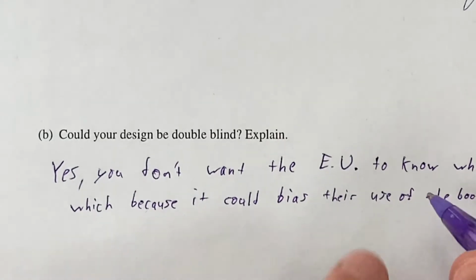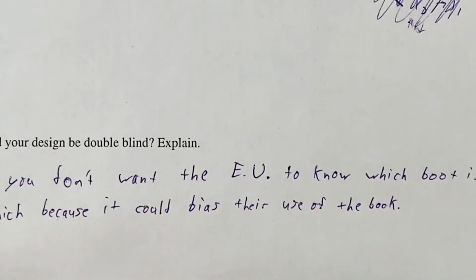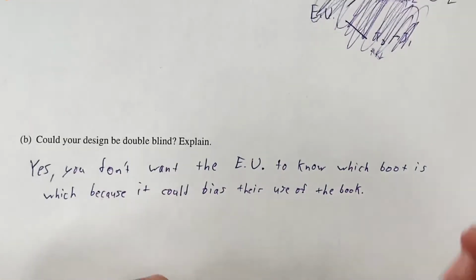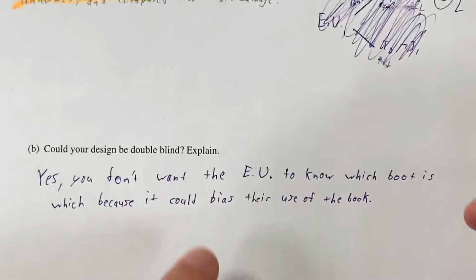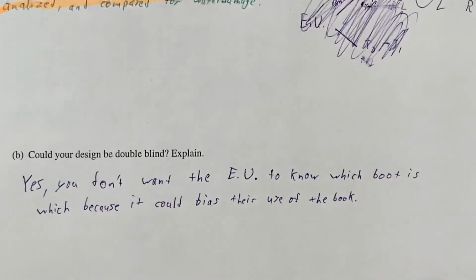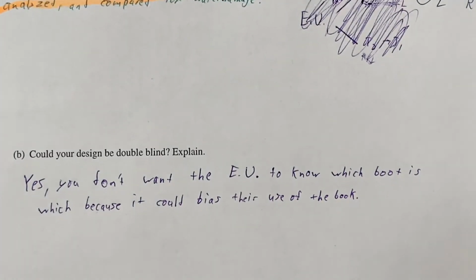Basically, just make sure you are saying something where it is obvious that you know what blinding is and that it would somehow reduce bias. There's many ways you can do that, but you've got to write something about it. That's it about blinding.